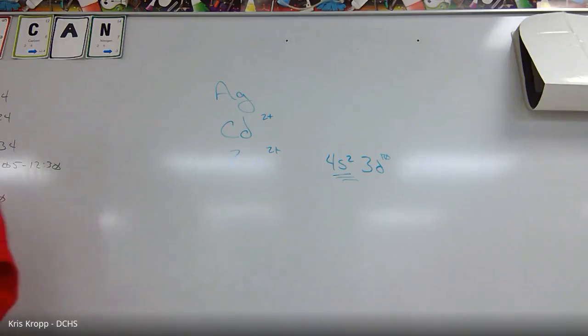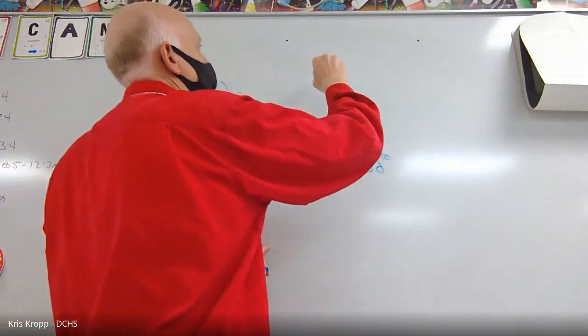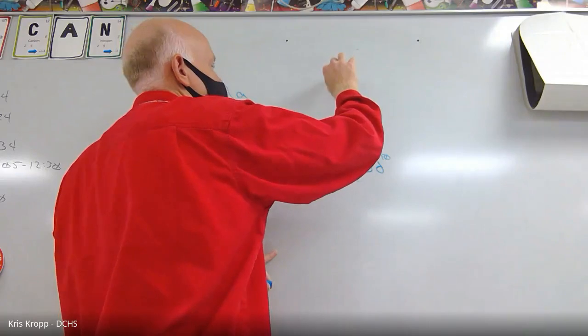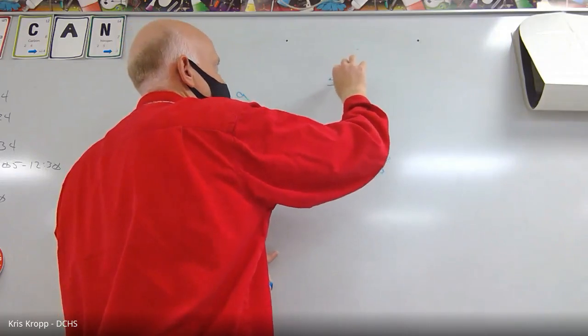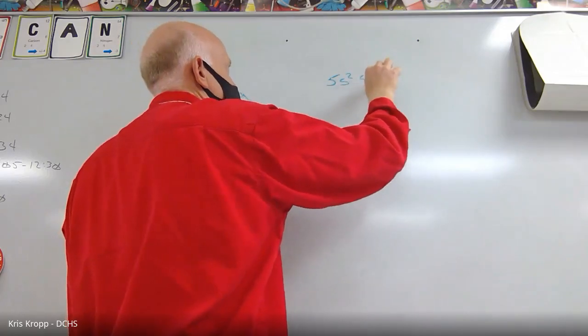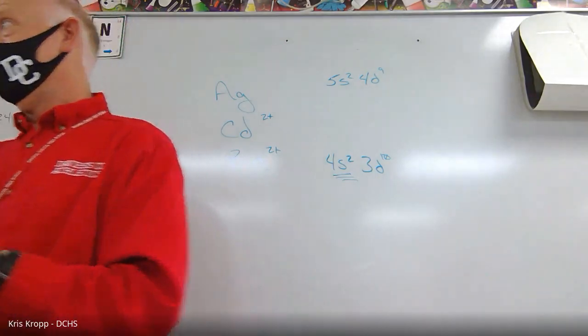Now, what about silver? 47. What's its ending electron configuration? 5s2 4d9. Good. Okay.